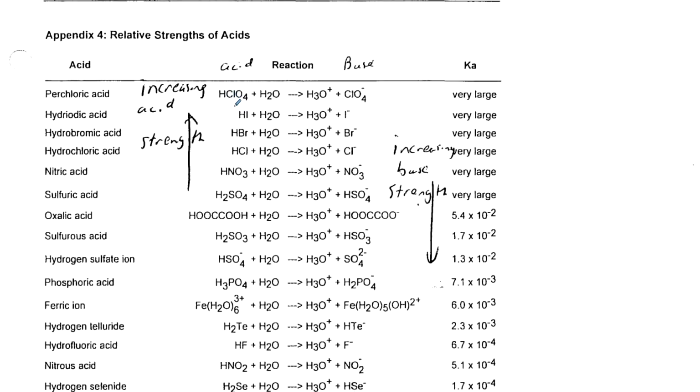These are your strongest acids here, and they get weaker and weaker as you go down. It works the opposite way with the bases. This is your weakest base, and they get stronger and stronger as they go down. So these are the bases, these are the acids. Okay, we'll come back to this chart in a minute.